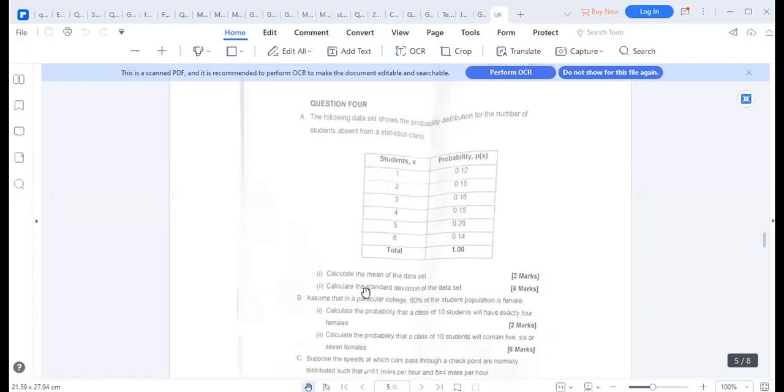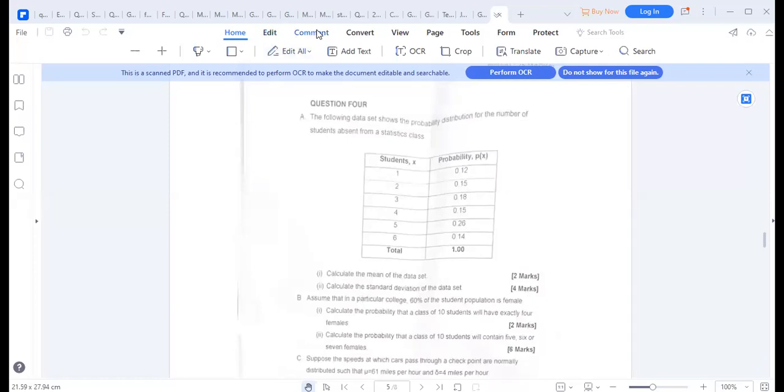He brought a question of this type, and it came in this form. This question was exactly from our QM Bible. You are asked to calculate the mean and calculate the standard deviation. The standard deviation had more marks because you also have to find the variance.